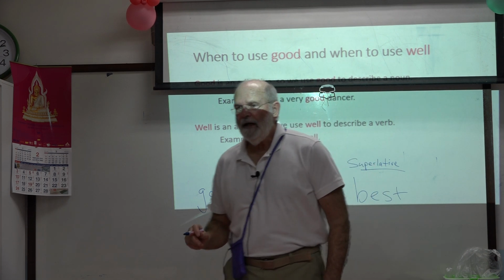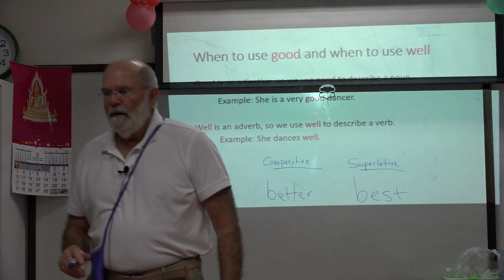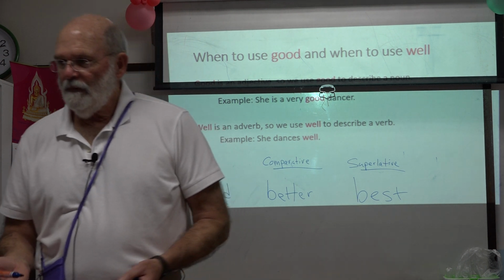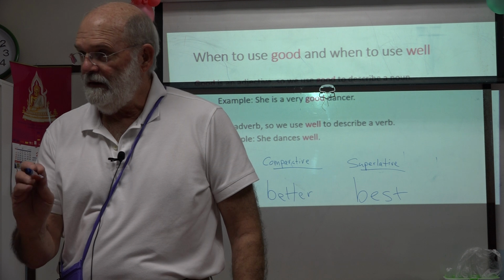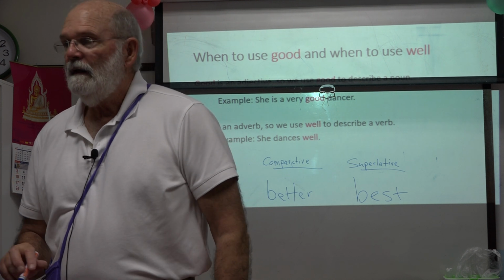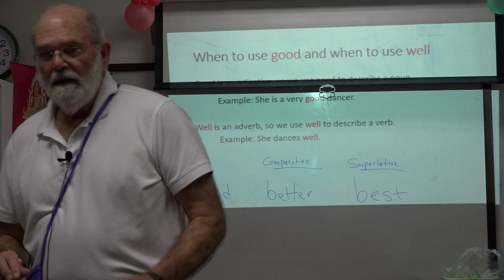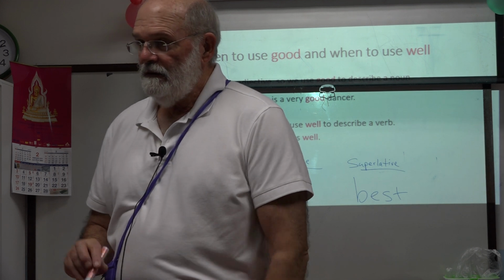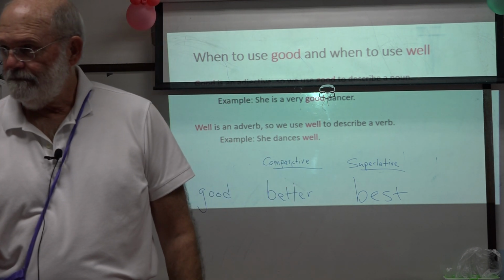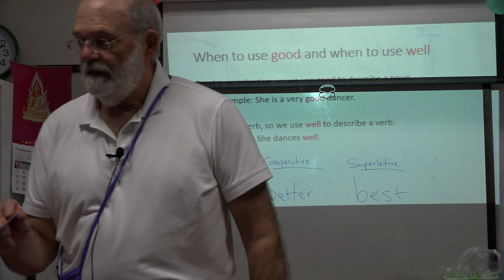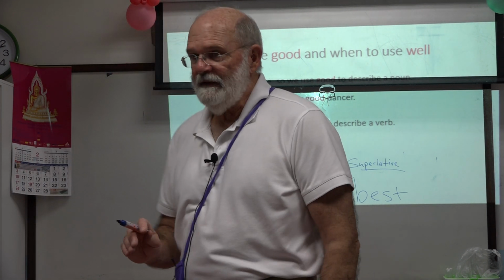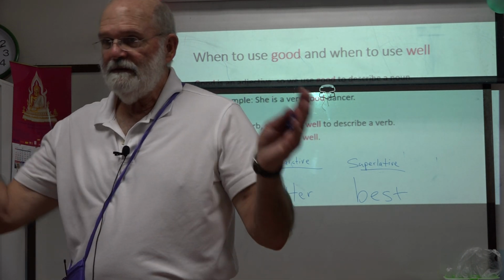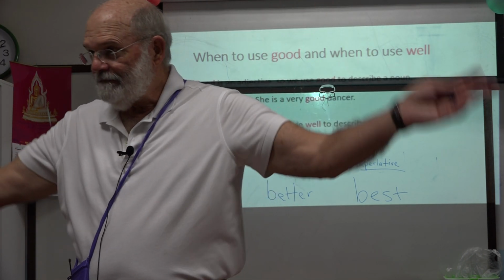So if we want to compare two dancers, we would say she's a good dancer, she is a better dancer. And for the verb, she dances well, she dances better. And best is when she is better than everyone.